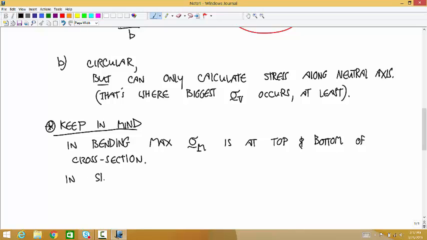With shear force, the maximum stress due to shear force is always at the neutral axis.